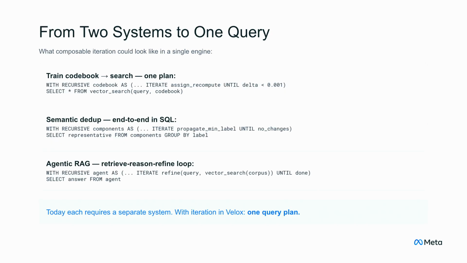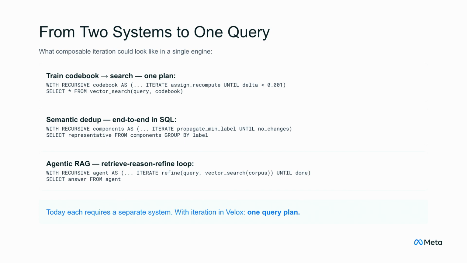Here I want to show you an example of what composability actually gives you. Imagine first vector search. As I mentioned earlier, you have to do codebook training in one system, then you do the search in another system. If Velox supports iteration, then you can simply write two SQL statements. It's one single query plan.